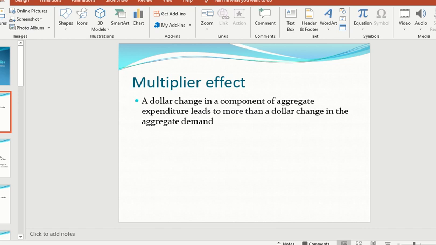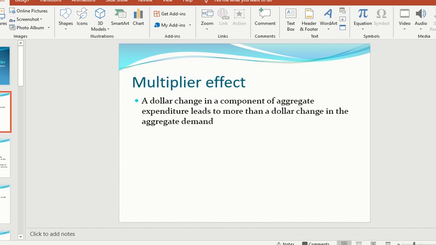What that means is if there is a dollar change in one of the components of aggregate expenditure, for example, consumption, investment, government spending or net exports, it will lead to more than a dollar change in the aggregate demand. Take for example, if the government increases its spending by $1, eventually we're going to see more than a $1 increase in aggregate demand.